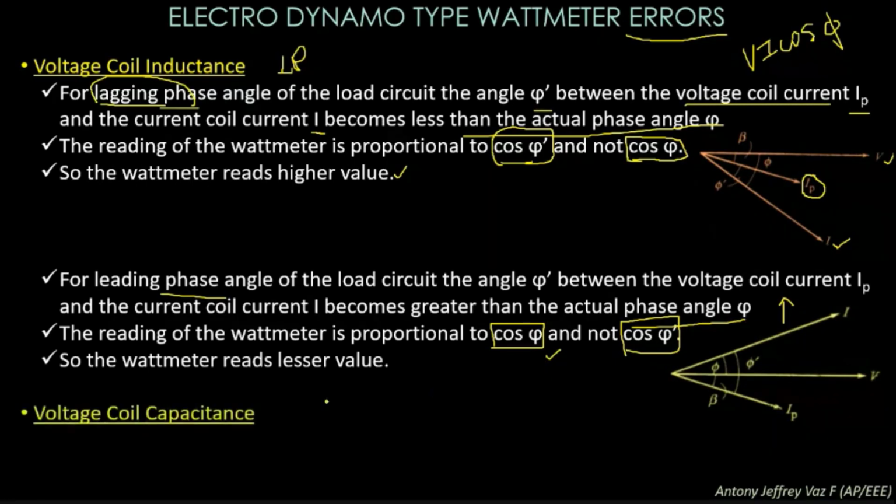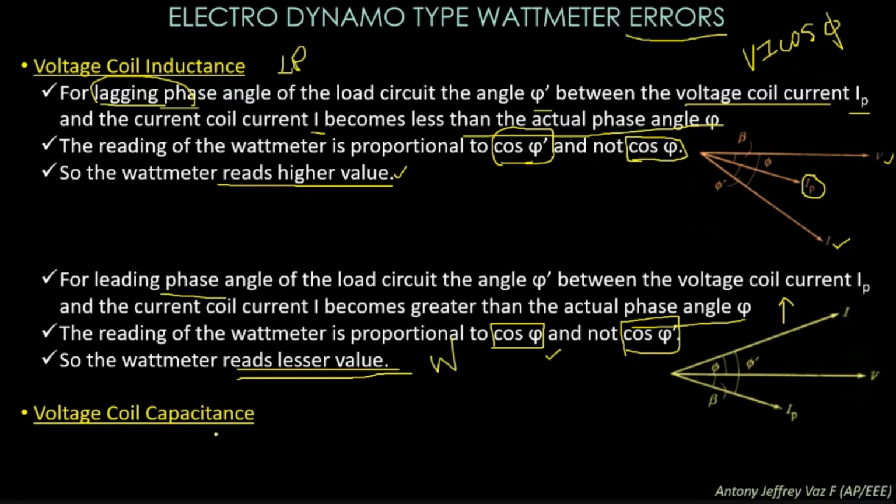So the wattmeter starts to read a lesser value. When it is a lagging power factor, the wattmeter reads a higher value. For a leading power factor, the wattmeter will read a lesser value of power in watts.